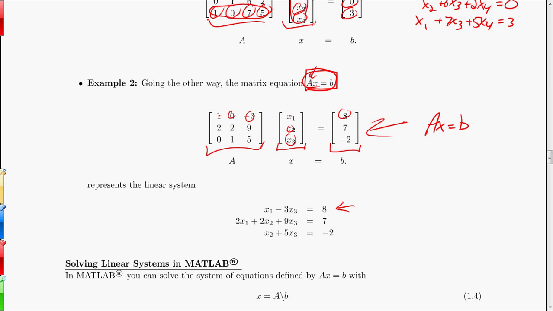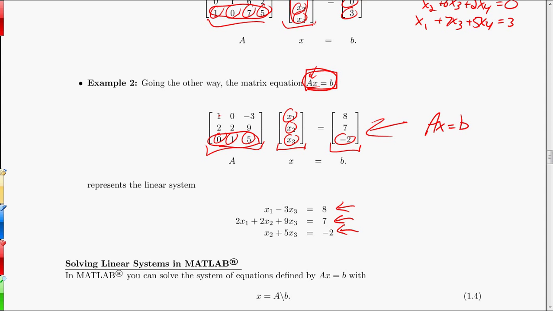So that's that first equation. And then the second equation is just 2 times x1 plus 2 times x2 plus 9 times x3 equals 7. And then the third equation, let's see, 0 times x1 plus 1 times x2 plus 5 times x3 equals negative 2.